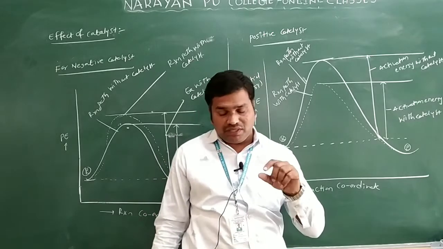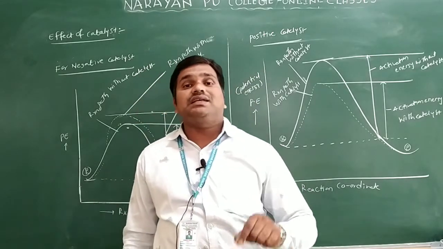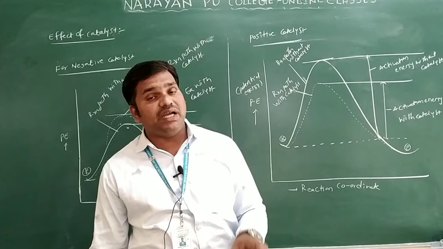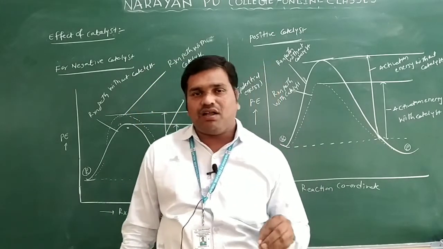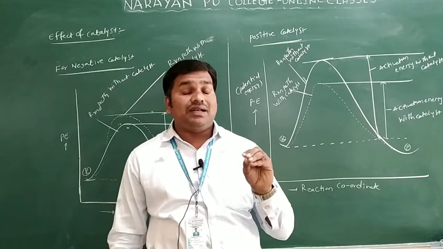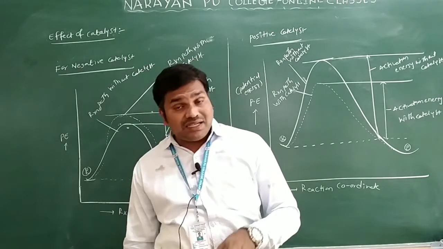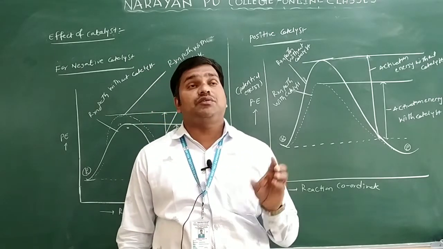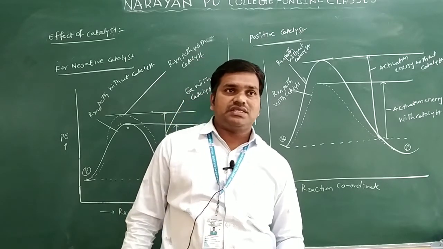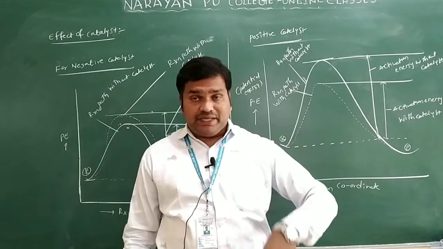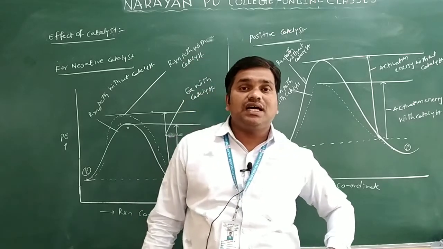I will tell one more point from this. A catalyst always increases the rate of reaction without undergoing any chemical change. A positive catalyst increases the rate of reaction by decreasing activation energy, and a negative catalyst increases the activation energy, decreasing the rate of reaction.